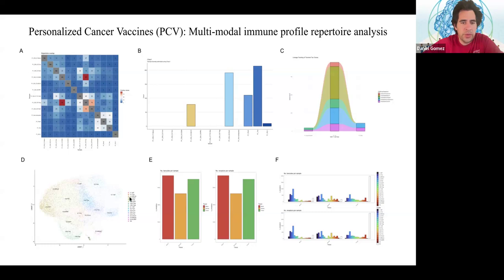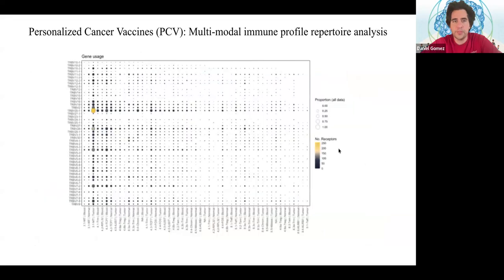And then over here we have a UMAP for each sample, the number of barcodes per sample and number of receptors per sample in each tissue and blood, normal and tumor. And the number of barcodes per sample in each tissue by the sample.